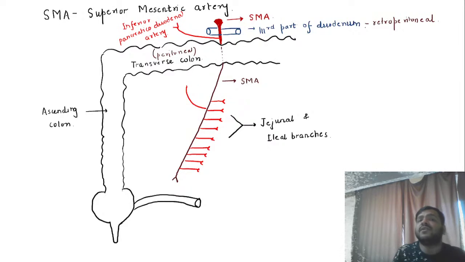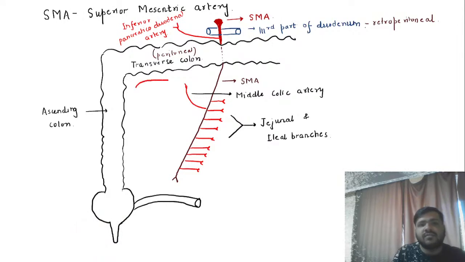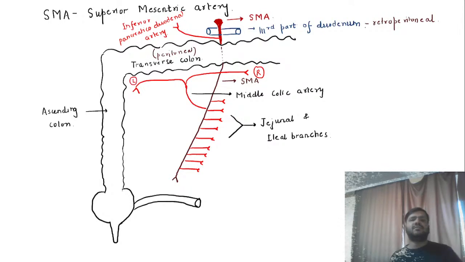Don't draw this artery all the way inside the transverse colon. I will tell you the reason why I have not drawn it all the way in: it divides further later. So remember this is the middle colic artery, and it divides further into two branches, the left branch and the right branch. One goes to the right, one goes to the left. So the middle colic artery arises from the superior mesenteric artery and divides into the right branch as well as the left branch, like this.